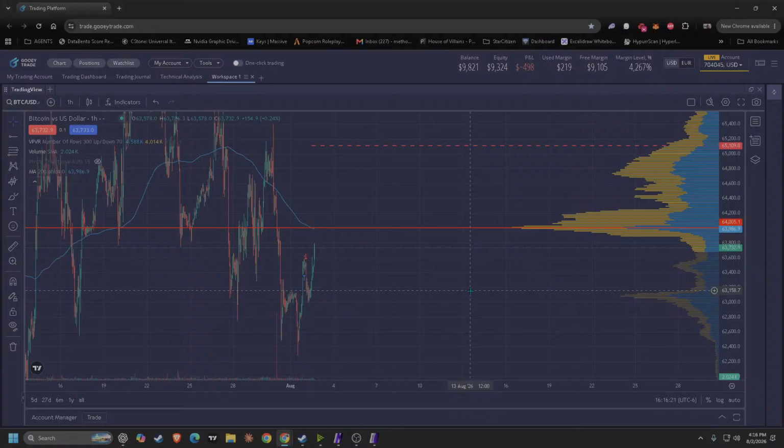Yeah, it's a reversal. I really like this trade.